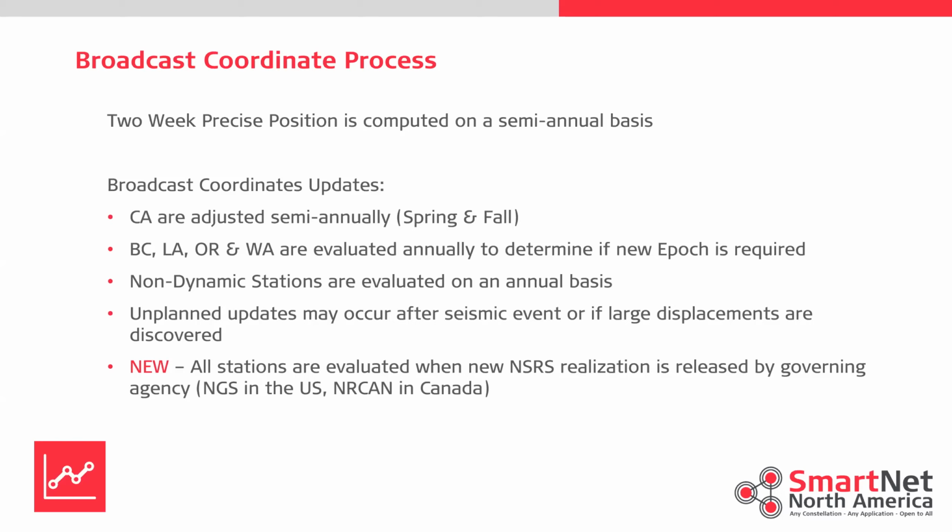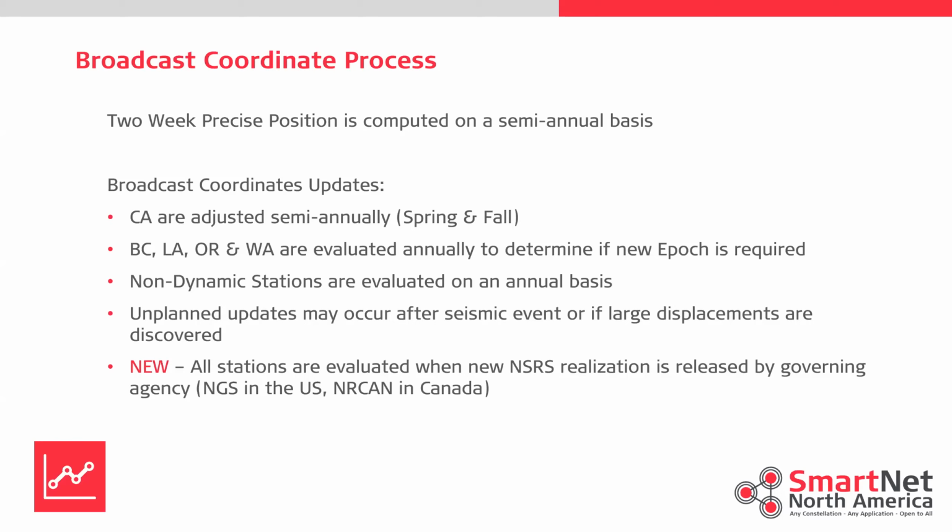So these are adjusted twice a year, and the reason is the plate boundary. The plate boundary falls in the most populous place in the U.S. It goes right between, like LA and the desert. So you can have stations that go across the plate boundary. This means if we don't update coordinates in California twice a year, then if a station were to go down and you got a correction from a station across the plate boundary, you immediately are going to see a gigantic jump, like 3 to 5 centimeters if we only did it once a year.